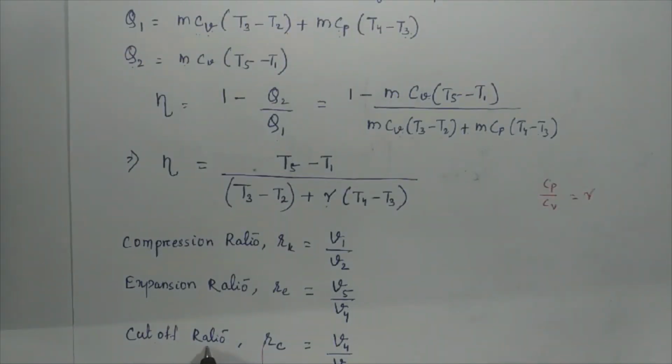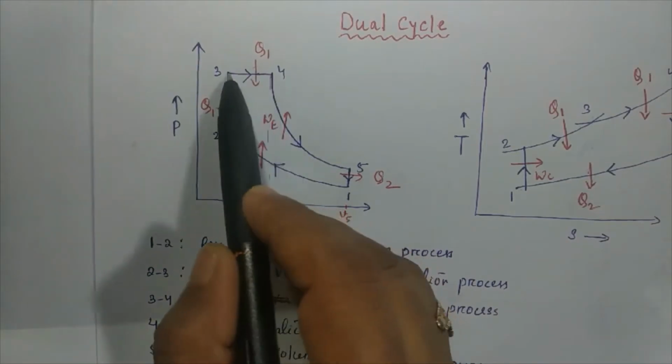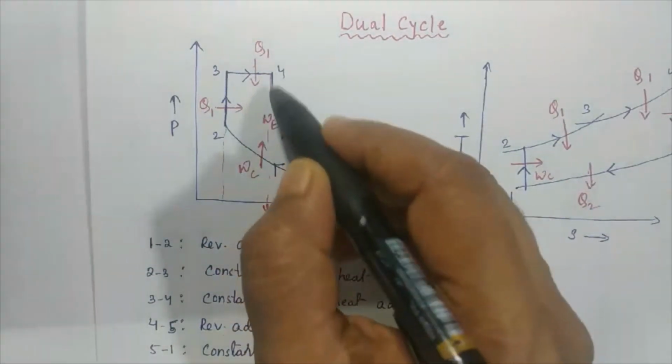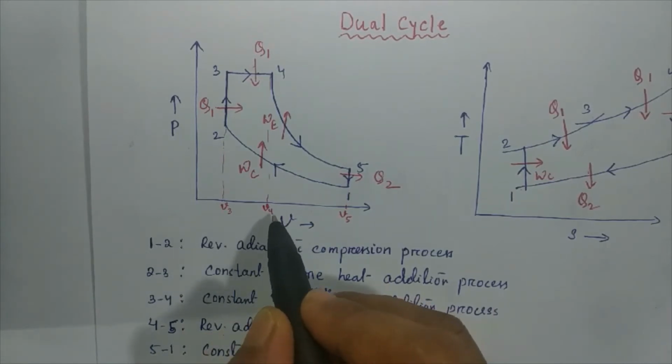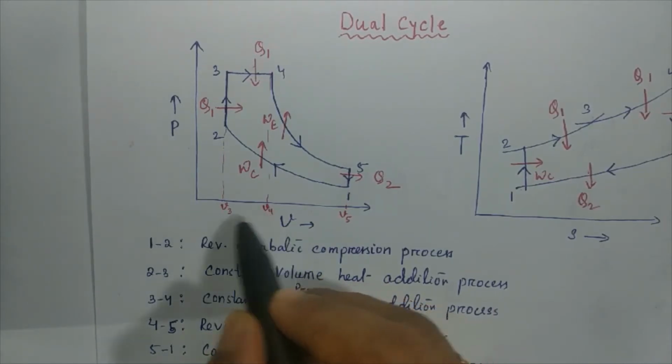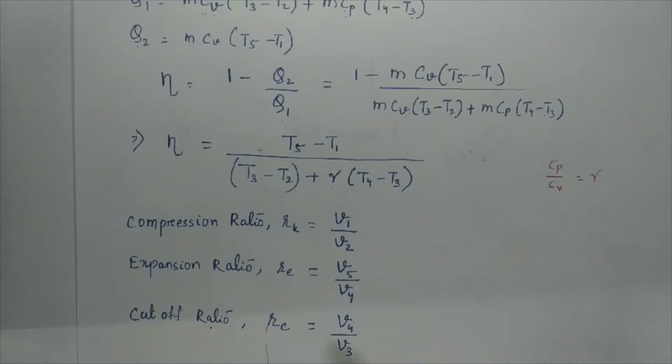Then the cutoff ratio. This cutoff ratio is measured for the constant pressure process. For this, which volume is maximum? That is V4, then V3. So V4 is maximum, and here we consider maximum volume by minimum volume.